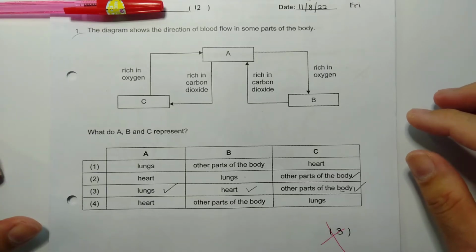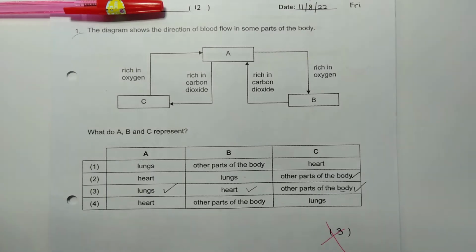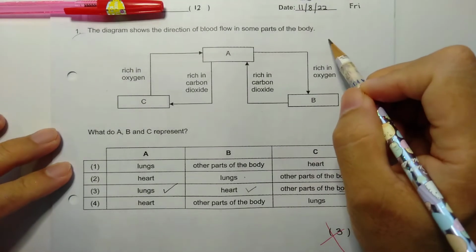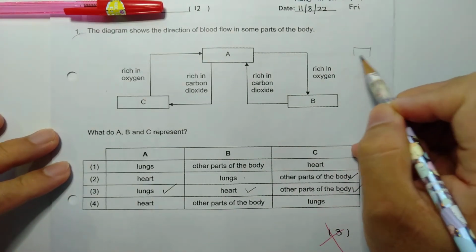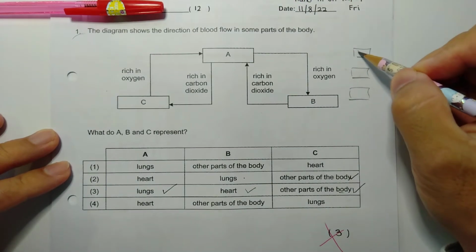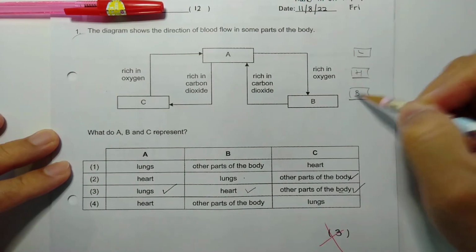Alright, this first question, the diagram shows the direction of blood flow in some parts of the body, right? So you must know what it represents. What you should already have memorized is this basic model where you have your lungs, your heart, and the body.